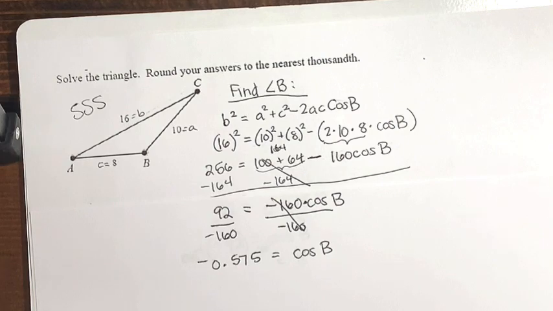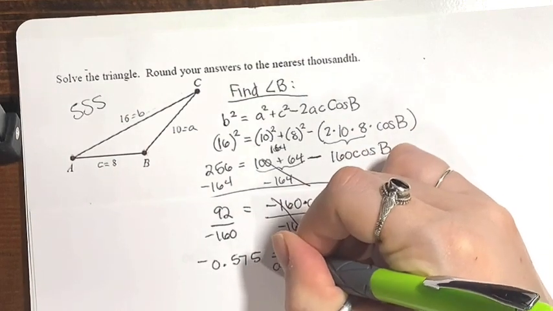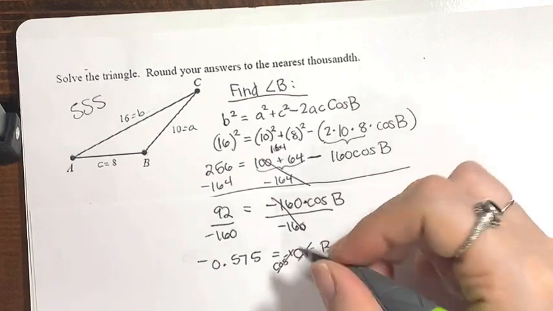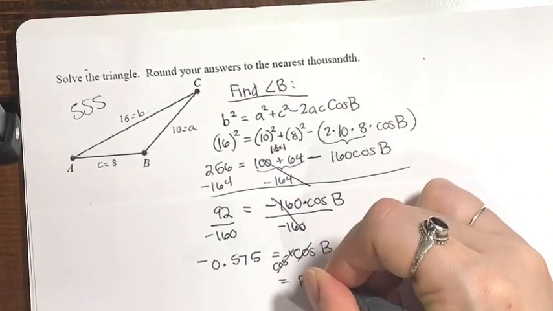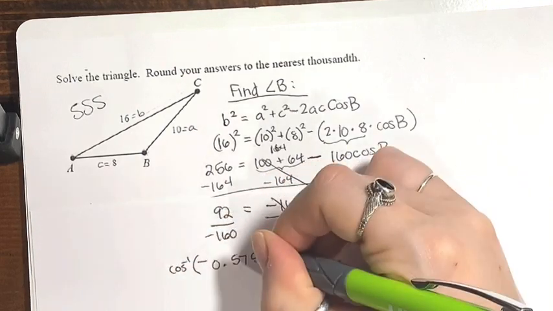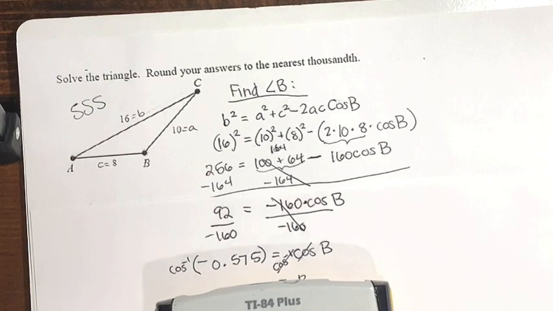And just like whenever we're trying to get rid of a trig function, we'll use the inverse of that trig function. So to get rid of a cosine, I now am going to do the inverse cosine of a cosine. Those cancel, and we get the B alone. But then I also need to take the inverse cosine of this side. So if I put that into my calculator, I'll do second cosine to get that little inverse cosine of the negative 0.575.